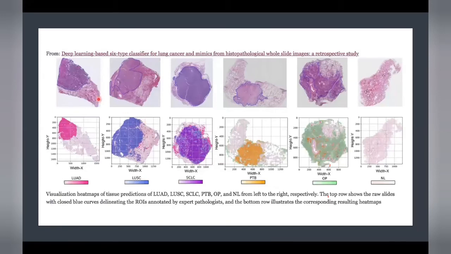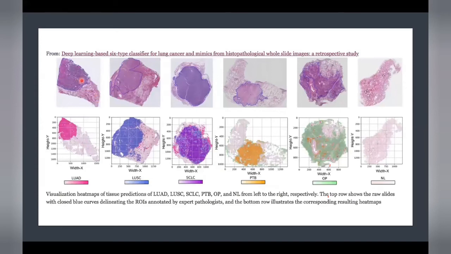Now, the latest deep learning which has happened has absolutely replaced everything. You give out a section, the computer can tell you whether it is pathological, non-pathological. Pathological is malignant, benign. In malignant, whether it is adenocarcinoma, squamous cell carcinoma, or small cell carcinoma.